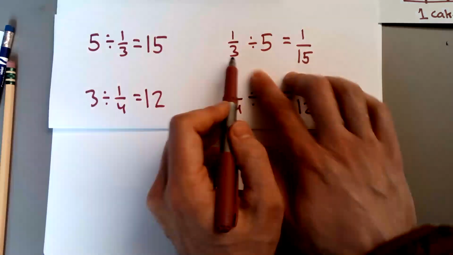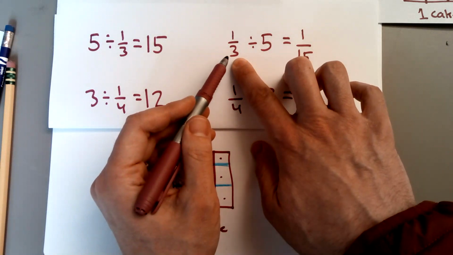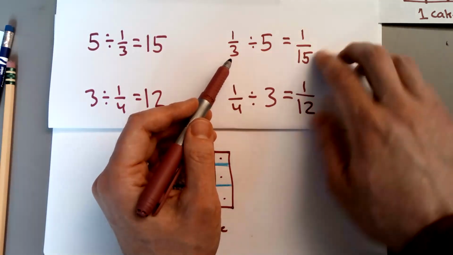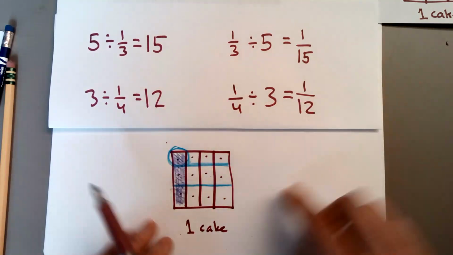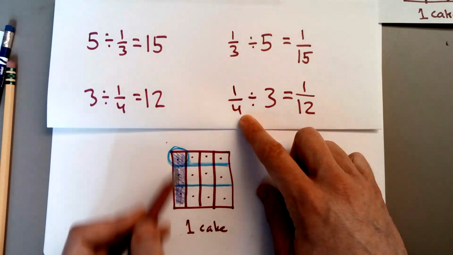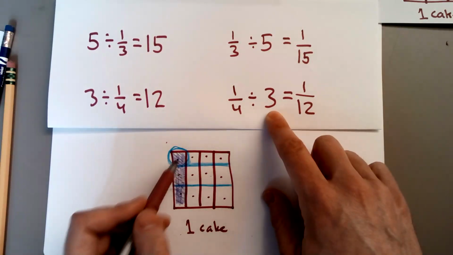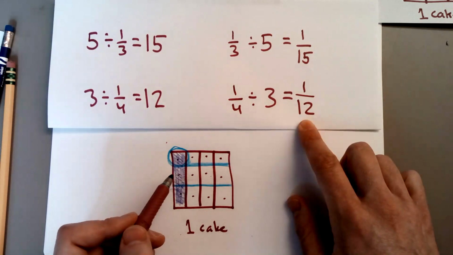But if you start with a fractional amount, you're starting with less than one whole. So if you divide that further into 5 smaller pieces, the quotient is going to be smaller than what you're starting with because you're getting smaller pieces. Like here, we started with only 1/4 of the cake, shaded in purple. We had to divide that into 3 pieces. Each of those pieces is going to be smaller than a fourth, and ends up being 1/12.